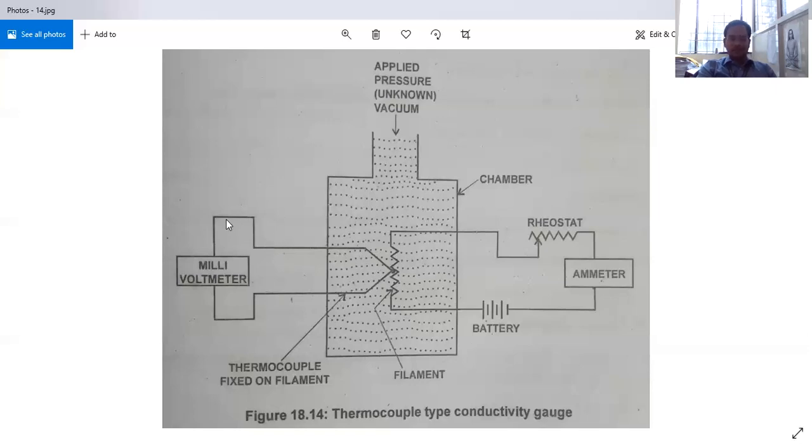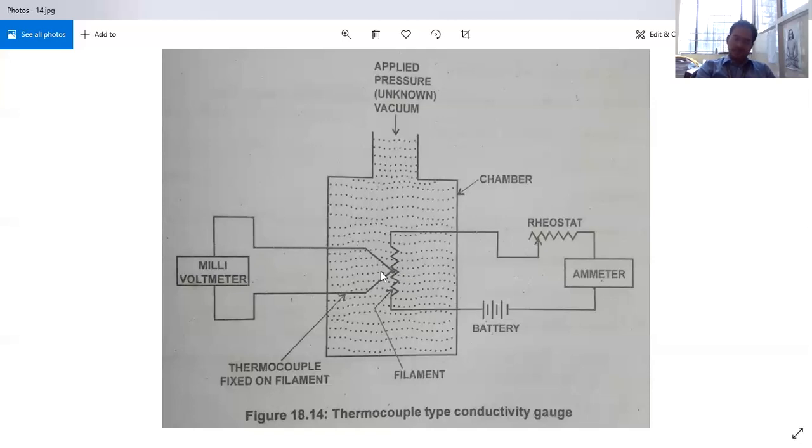That EMF is recorded in a millivoltmeter. When this voltage is recorded in the millivoltmeter, depending on the voltage differences, the temperature is calibrated, and the temperature change of this particular material is determined.